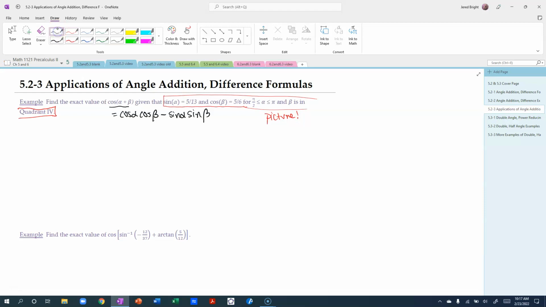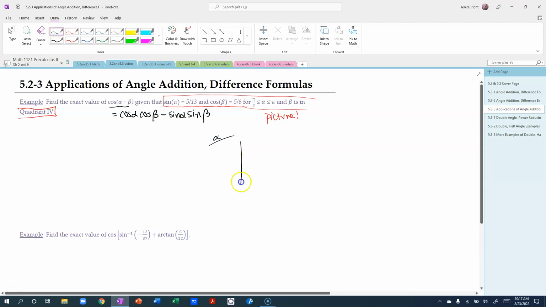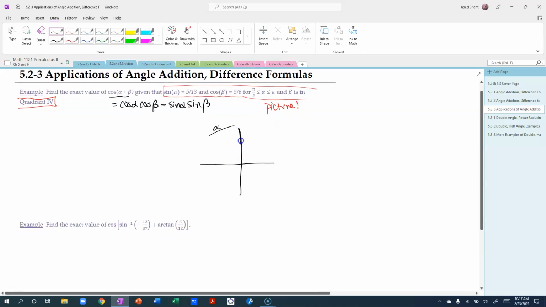So for instance, if I make a picture for alpha, here's my grid. I know alpha is between pi over 2 and pi, so that puts it in quadrant 2. Alpha would have terminal side in quadrant 2, and for this particular angle, sine is 5 over 13.